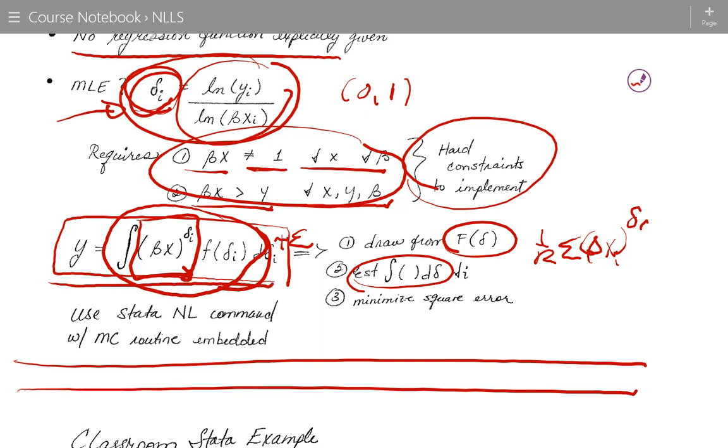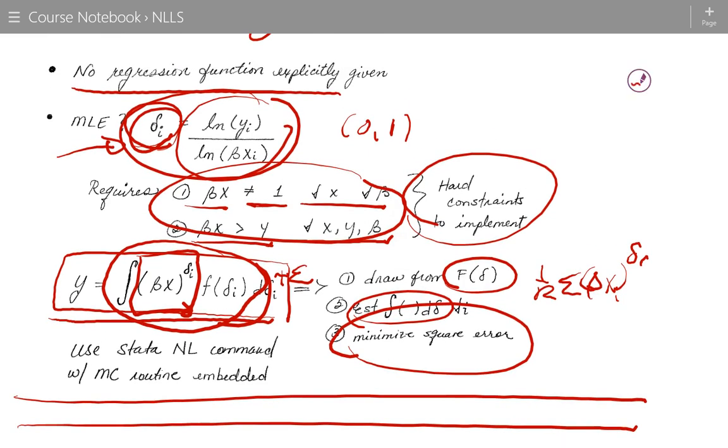Embedding that into our least squared errors estimator gives you the least squares simulated errors. You can do this by using Stata's nl command, and you embed in the program that is going to provide Stata with the expected value associated with each person in the observation a Monte Carlo routine to get an estimated expected value for each observation.